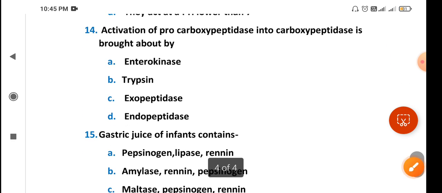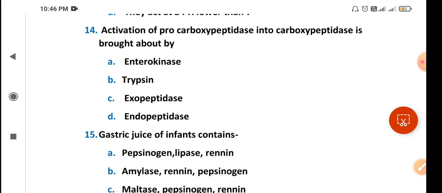Now the 14th question, activation of pro-carboxypeptidase into carboxypeptidase is brought about by. So actually the trypsin enzyme activates the pro-carboxypeptidase enzyme of the pancreatic juice into active carboxypeptidase.